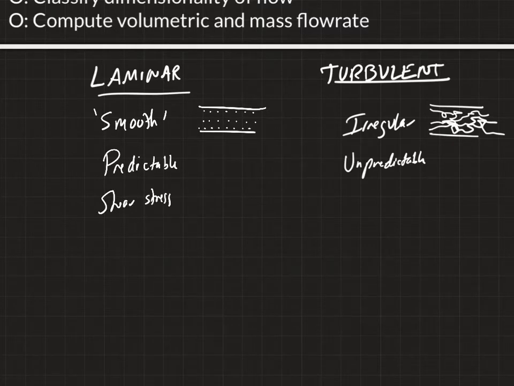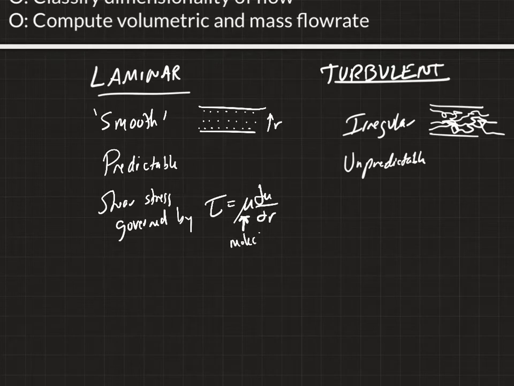So the shear stress in this flow is governed by this equation, which we've already learned: tau equals mu du/dr, or whatever that dimension is. In my little pipe that I drew, that could be the radial direction, dr. In the laminar case, the key is this symbol right here, this mu, which has to do with molecular exchange.